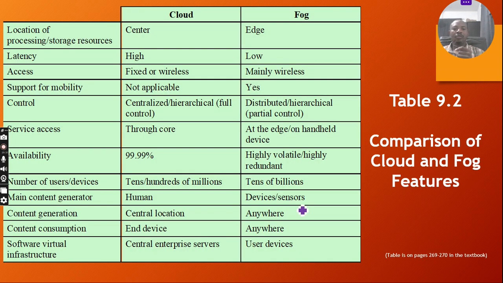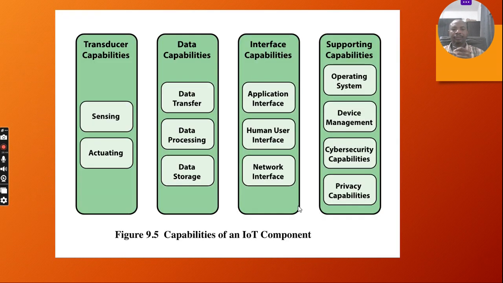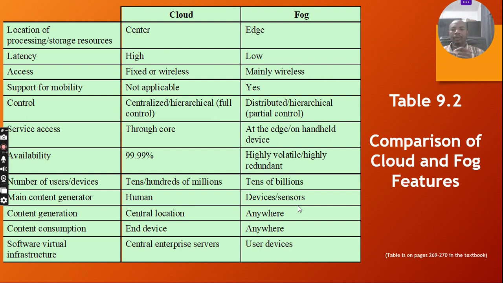Okay, now let's move on. Let's quickly take a look at the comparison of cloud and fog. Here you can just take a look at your cloud and your fog networks. We're comparing based on some parameters: the location, the latency, the access, and so on.